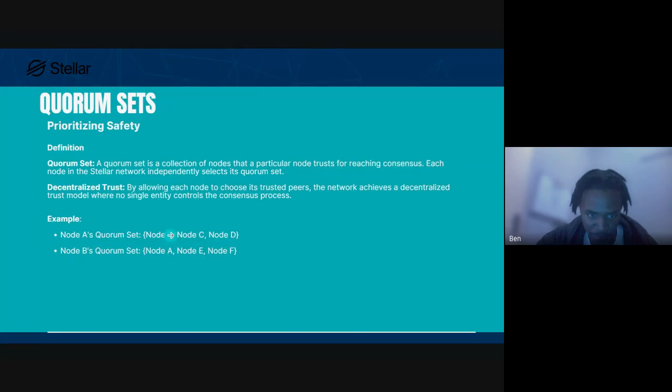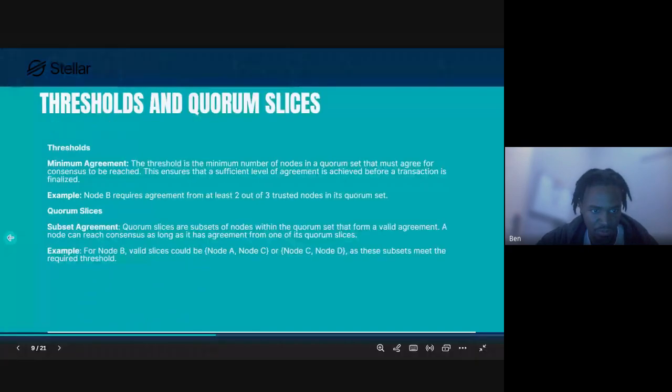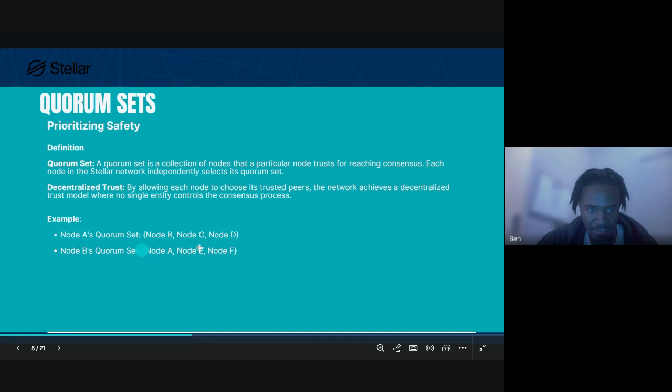As you can see, node B here also has its own quorum set. Node C also has its quorum set. We can say, for example, node C has node F, node G, and node L. So every node should have a quorum set.